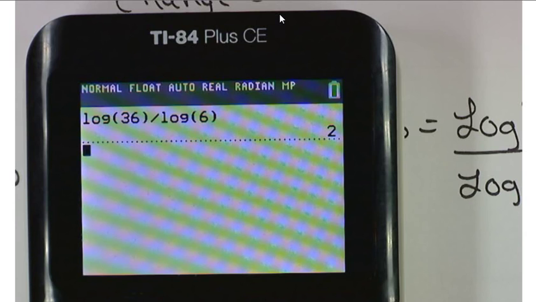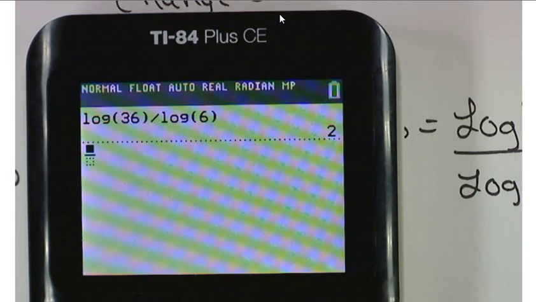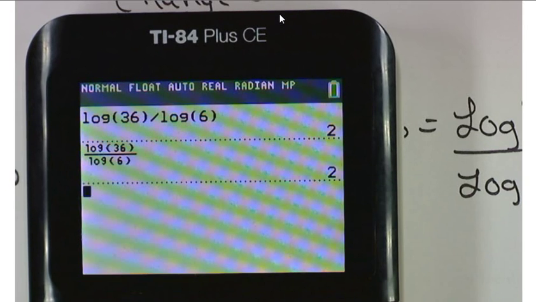If your calculator is up to date, hit the alpha key, then the Y key, and just type it in as a nice fraction that way. Log of 36 divided by log of 6. Should give you the same thing, but people get in a little bit less trouble with that as opposed to trying to type it in the first way.